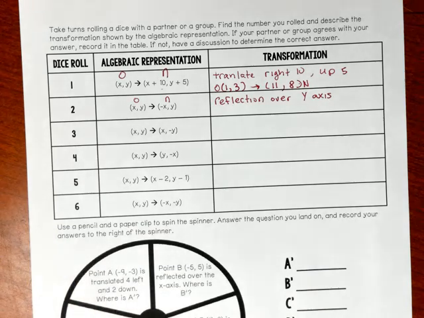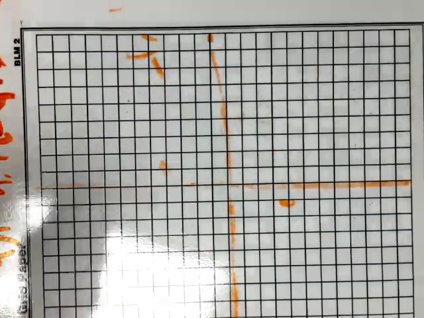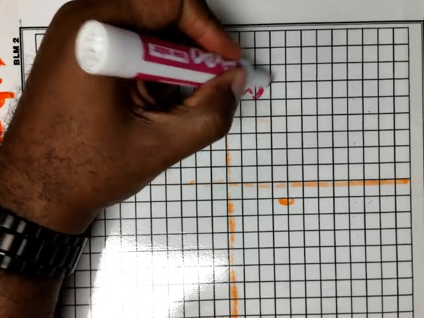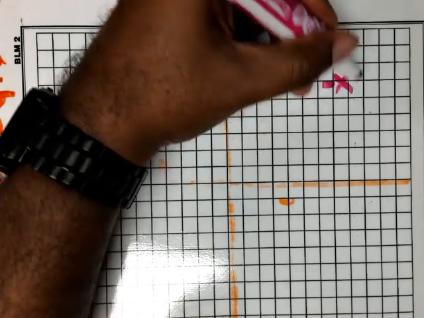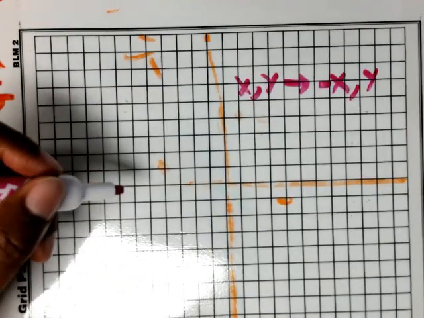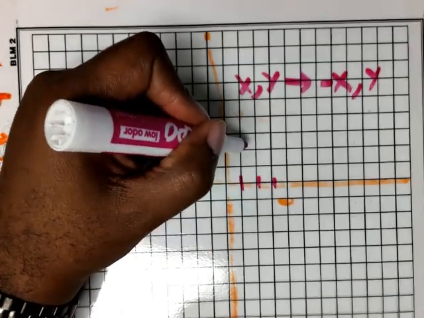To double check that, you would take a grid or a graph point, and I'll show you what I mean. This graph isn't the cleanest, but I would take x comma y and go to negative x comma y. If I took that point 1 comma 3, I go over 1, so 1 comma 3.